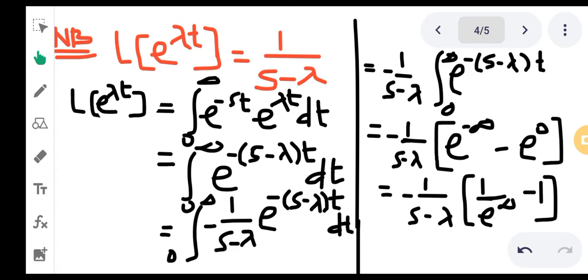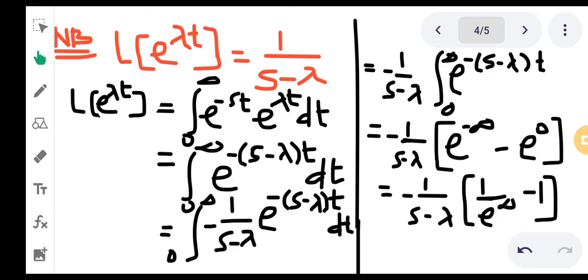So we just take the limit from 0 to infinity of e exponent negative (s minus lambda)t dt. This is an exponential function.